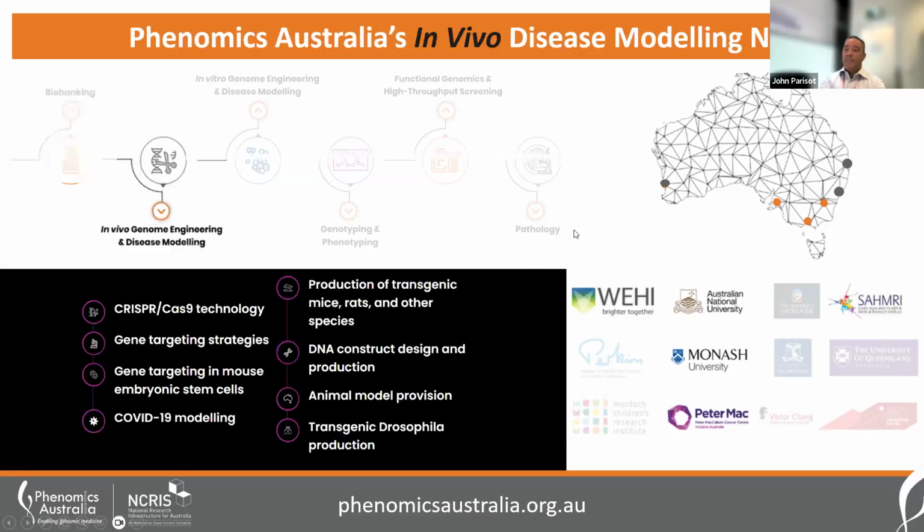Next is in vivo, predominantly rodent models, where we have used gene targeting strategies, CRISPR-Cas9 technology predominantly these days. There's also transgenic Drosophila production; you could use a Drosophila model as opposed to rodents. Transgenic mice and just enabling the construct design that you need for your in vivo engineering.